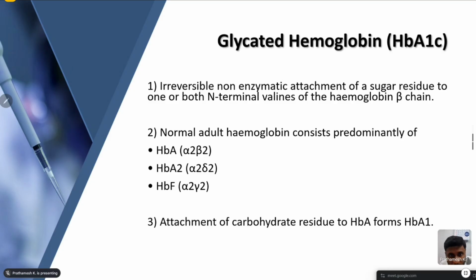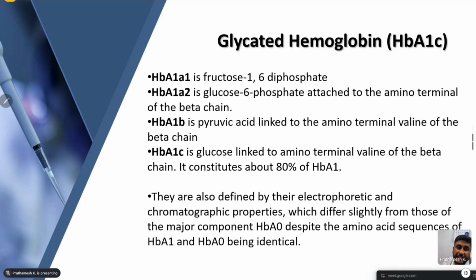I think everyone must be well versed with this. When a carbohydrate residue attaches to HbA, it forms HbA1. We have still not reached C. So HbA is adult hemoglobin, alpha 2 beta 2. When a carbohydrate residue attaches to the beta chain, it could be anything, not only glucose, and it becomes HbA1. Now see its subtypes.